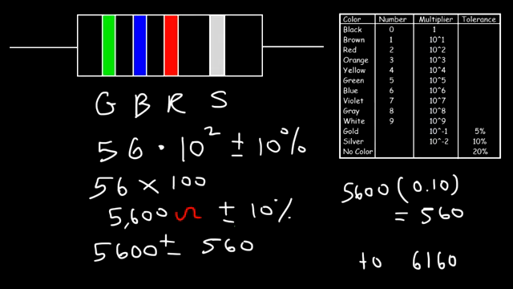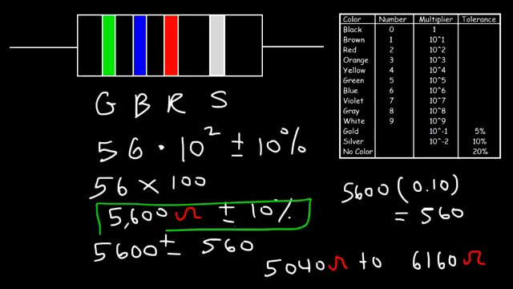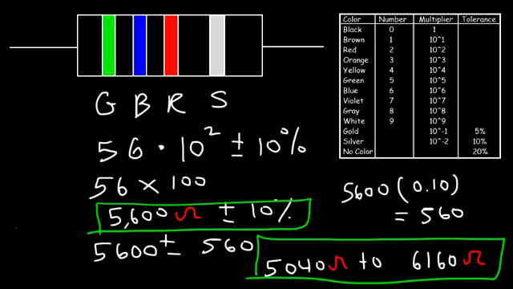And 5600 minus 560, that's 5040. So the actual resistance could be anywhere between 5040 ohms and 6160 ohms, with the average value being around 5600. So this is the resistance, and this is the range in which the actual resistance can be.